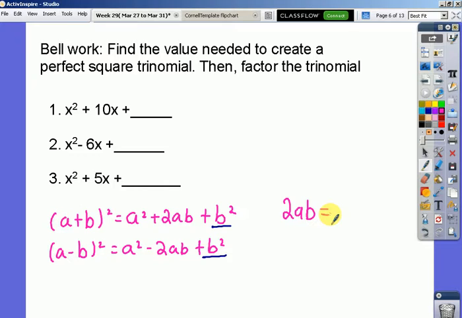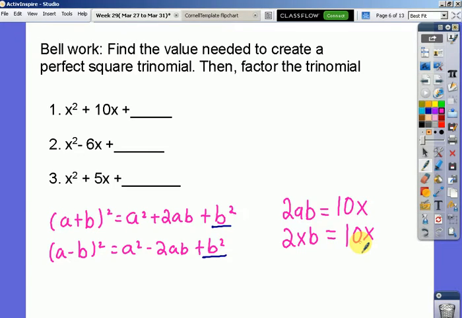Yeah. So 10x, right? Well, we already have our value of a. What's our value of a? Just x, right? And then when we square it, we get x squared, yeah. So we have 2x equals 10x.